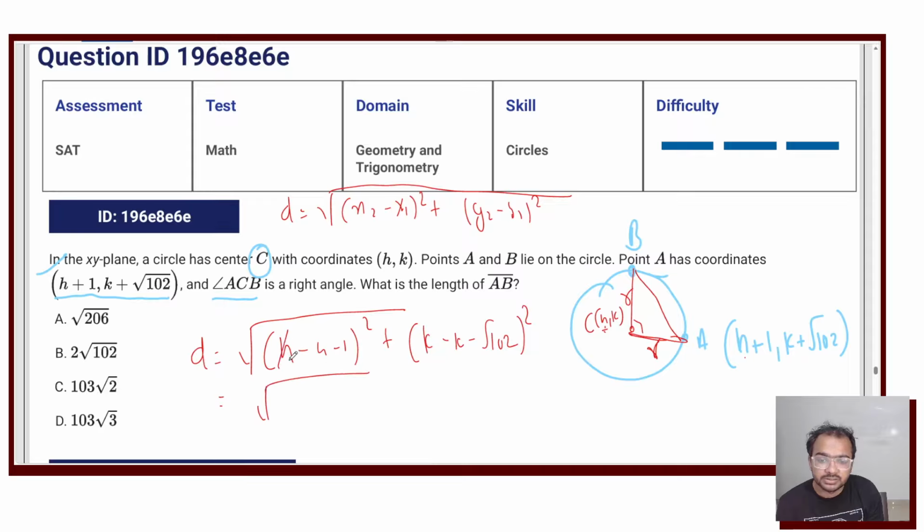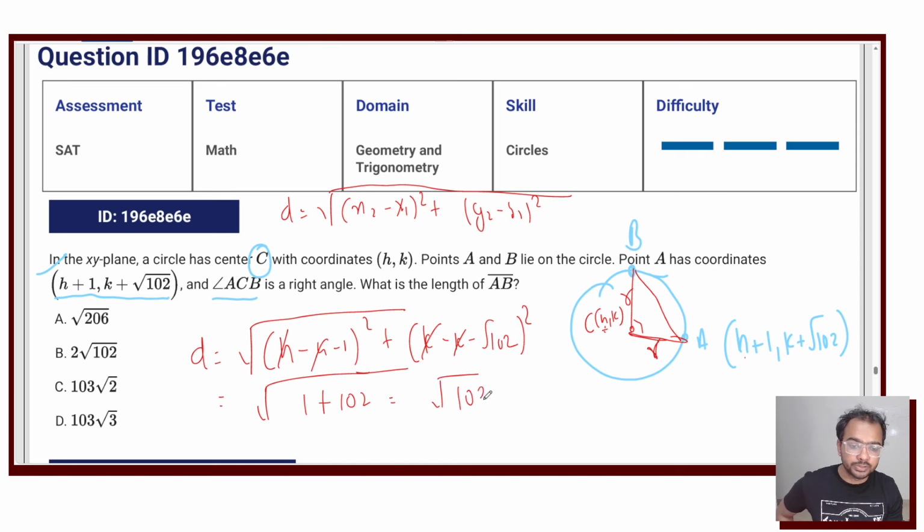So that is -1 square is 1, and root 102 square will be 102. You have a root here, so the square root will get cancelled. You will be left with root of 103. It means here we have this triangle where this distance is root of 103. This distance will also be root 103. This is 90.